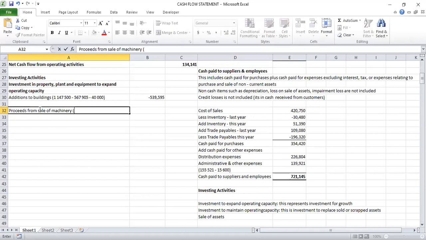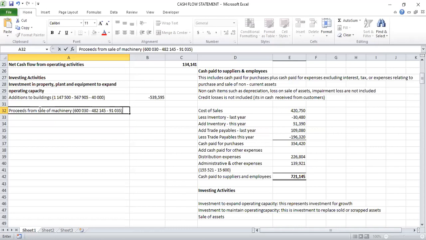So we'll take our carrying amount at the beginning of the year, which was 600,030, minus our carrying amount at the end of the year, which is 482,145, minus our depreciation, which is 91,035. Right, if there was a profit on sale, then we're going to add. If there was a loss, then we're going to subtract.